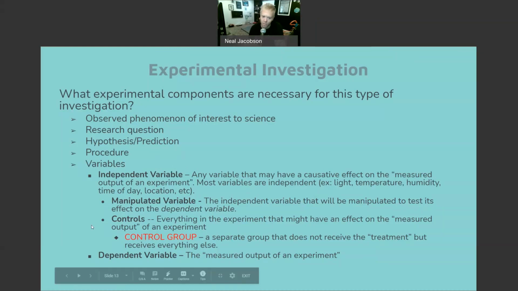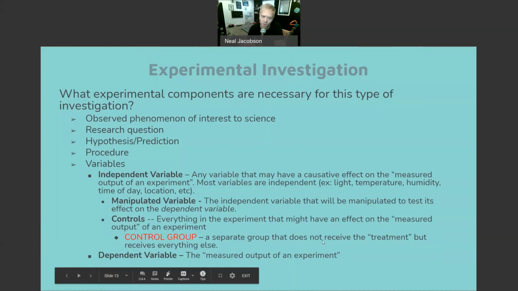You can then affect the blood pressure they have, but you can't just go into their arteries and manually squish or stretch them to change their blood pressure. No, you have to do something else. You have to manipulate something that has a causative effect on their blood pressure, but you cannot physically alter their blood pressure directly. So that's the difference between independent and dependent.